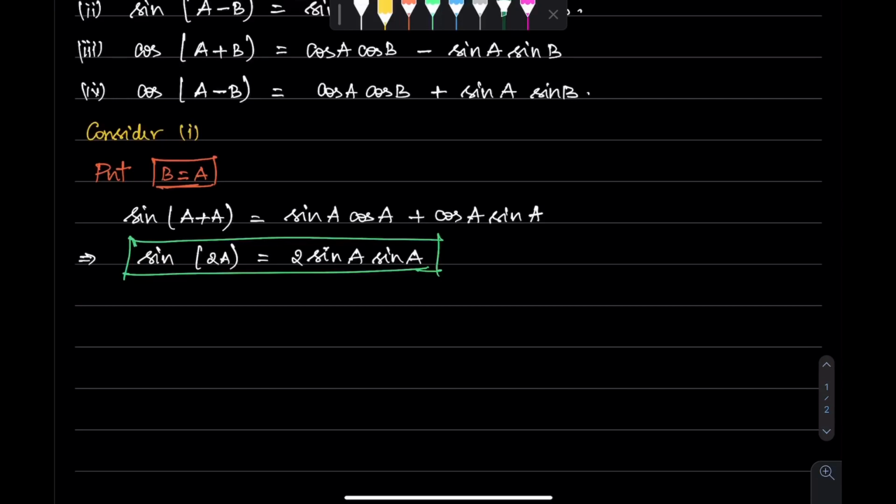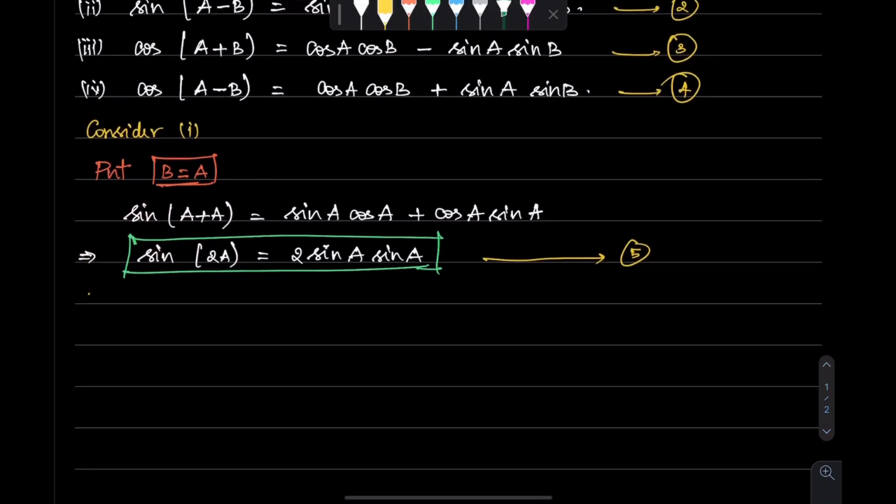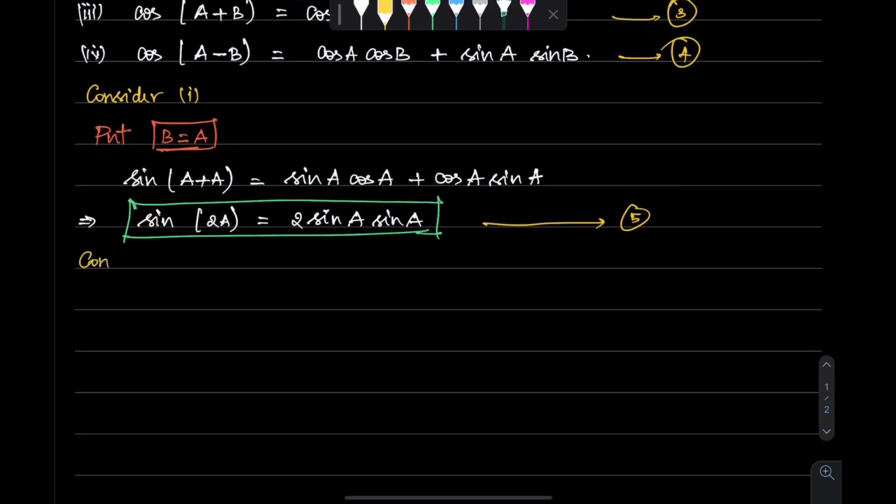Now let us consider the second one. Let's name this first result, second, third, fourth. Now what we got here is the fifth one. Consider the third one. Again, in this you put b is equal to a. So what do we get, children?